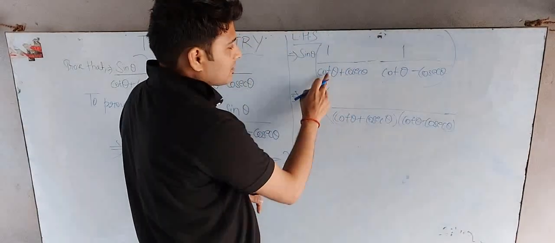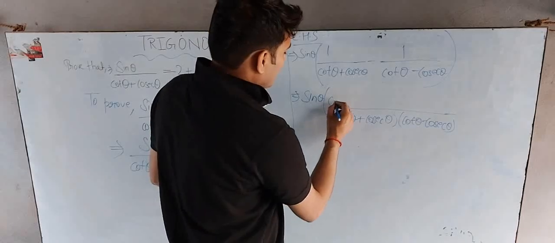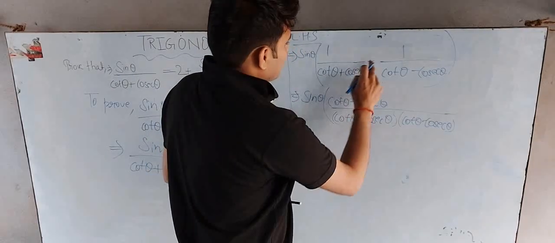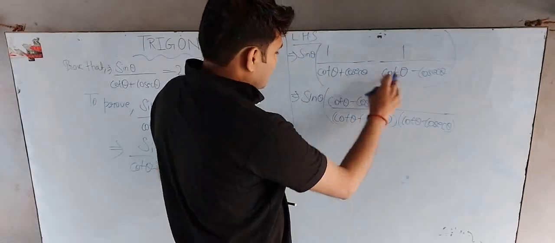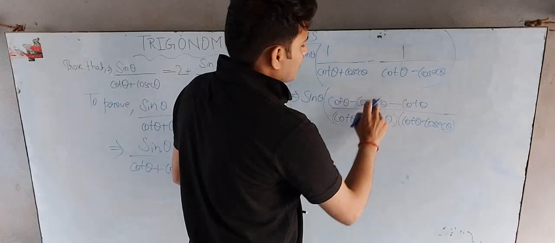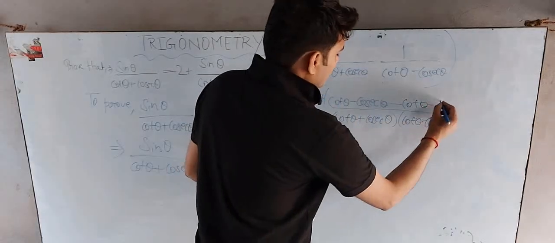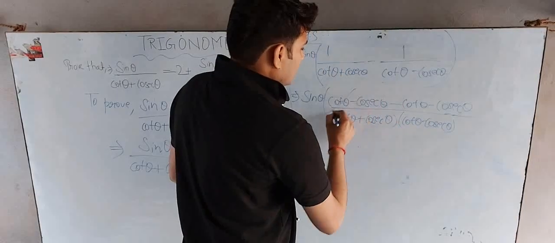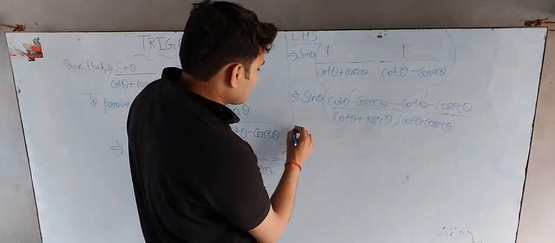And in the numerator, you will get here cot theta minus cosec theta minus cot theta, and this plus will be changed into minus because of this minus sign. You will get minus cosec theta. This cot theta and minus cot theta will be cancelled out.